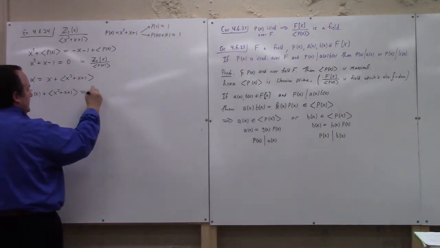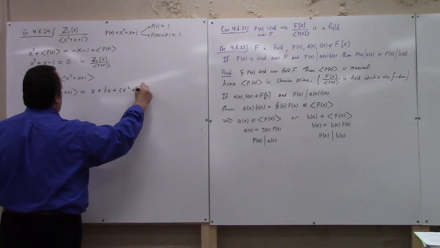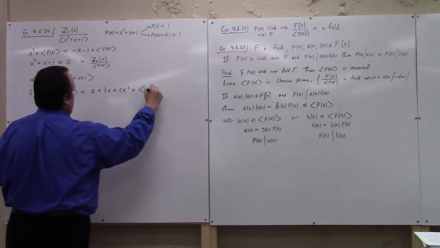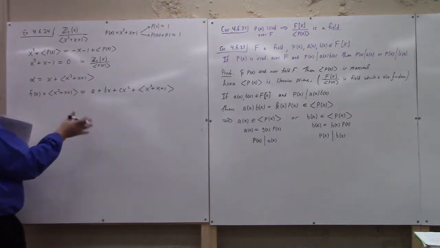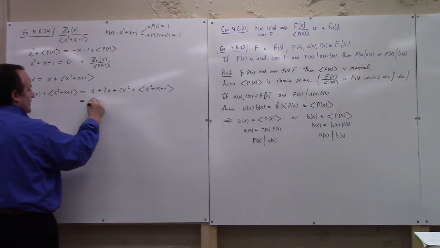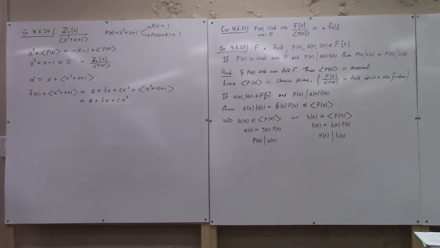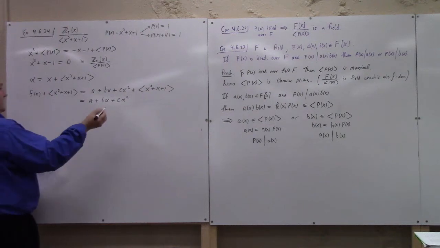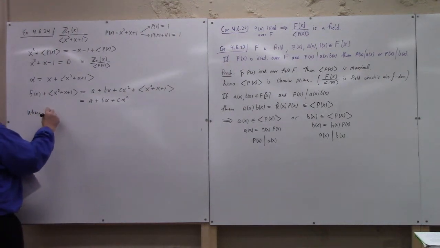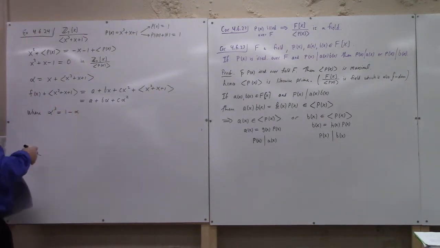So an arbitrary element looks like a plus bx plus cx squared plus this ideal. With the notation alpha, you can absorb this and rewrite it as a plus b alpha plus c alpha squared. It's a sleight of hand: now I don't have to write the ideal explicitly, and I also have things like alpha cubed equals 1 minus alpha, among other things.